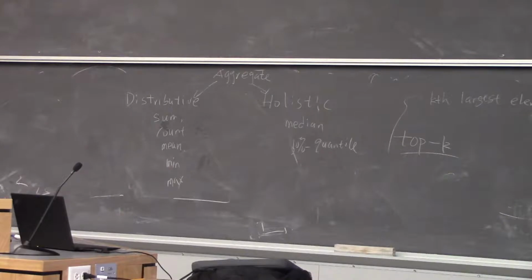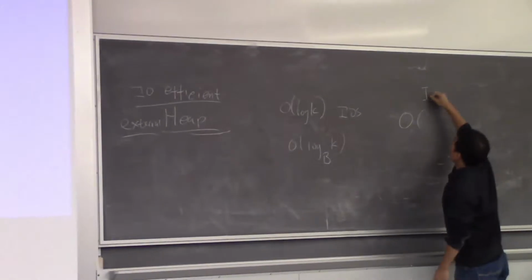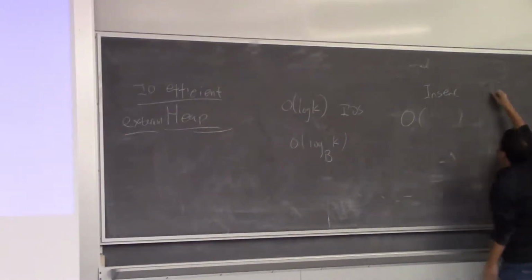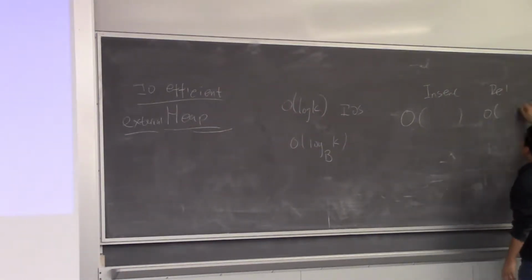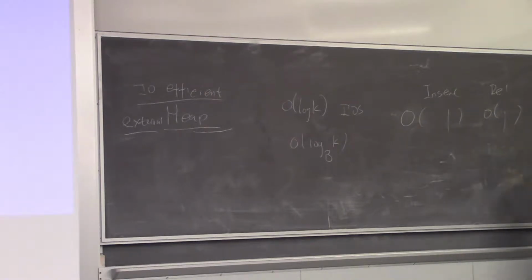Not even external, internal memory queue. What is the cost for insertion and deletion in big O notation? Jonathan, what is the cost for inserting and deleting out of the queue? Isn't it just constant? Okay, O(1), right? Constant. Append to the end, remove from the head.